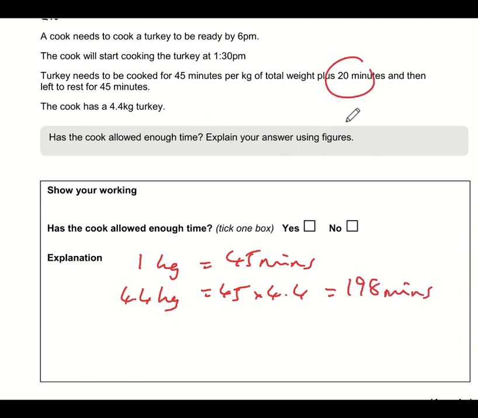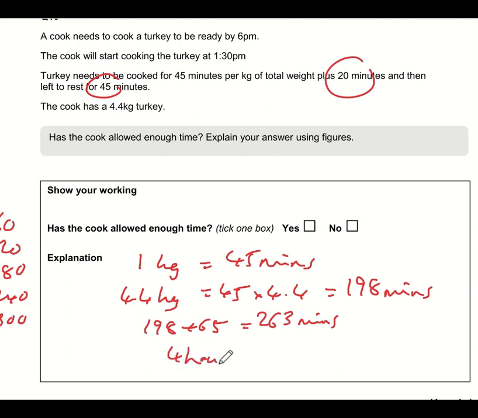Now on top of that we need this arbitrary 20 minutes and the resting time of 45, so 198 plus 65, and that comes to 263 minutes. So let's turn that into hours and minutes. So it's 4 hours and 23 minutes.